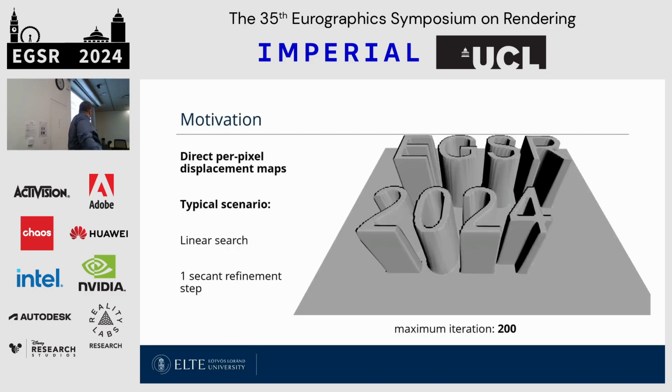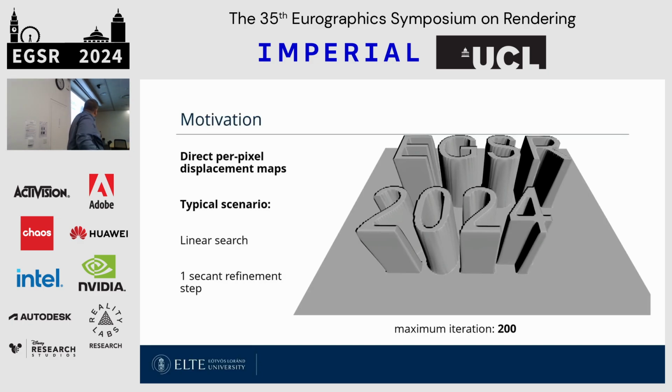In practice, this height map rendering is usually done as a direct per-pixel displacement map. So basically, during ray casting, a simple linear search is done, and maybe one or two refinement steps. In this case, a second refinement step is done. And yes, we can say that the result is quite okay. It looks nice.